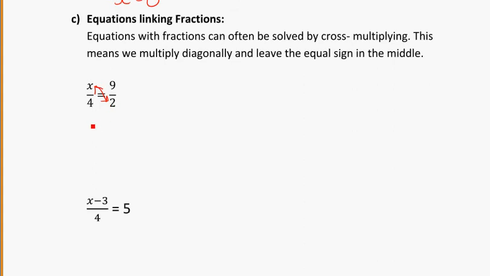X times 2 is 2x equals 4 times 9, which is 2x equals 4 9s are 36. Divide each side by 2. X equals 36 divided by 2 is 18.